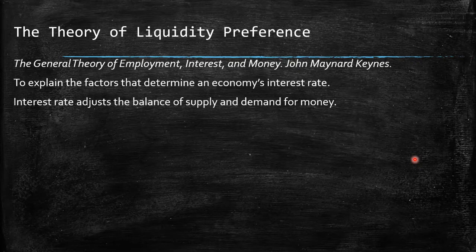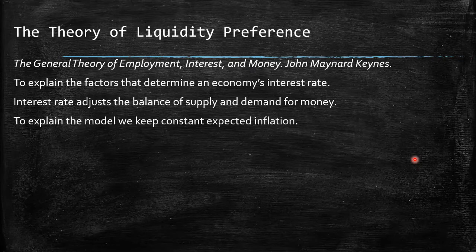And actually, the core of this book is that the interest rate adjusts the balance of supply and demand for money. It should be like, between quotation marks, the price of money. And then it is used to explain this model. In order to use this model, we need to keep expected inflation constant.